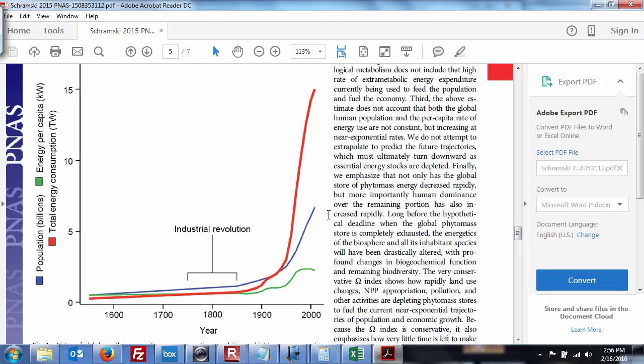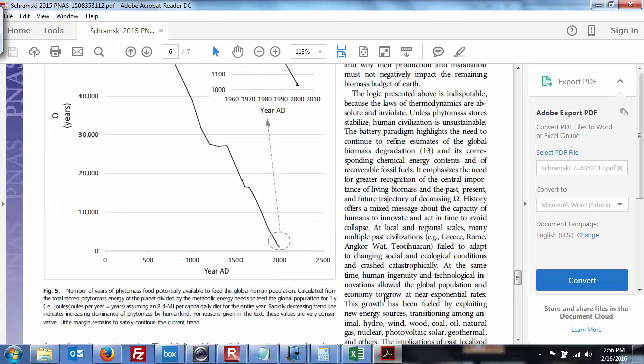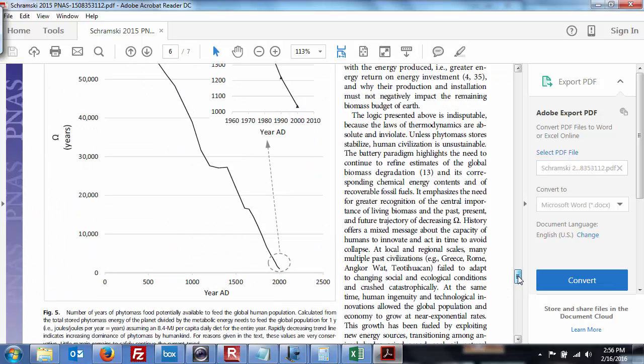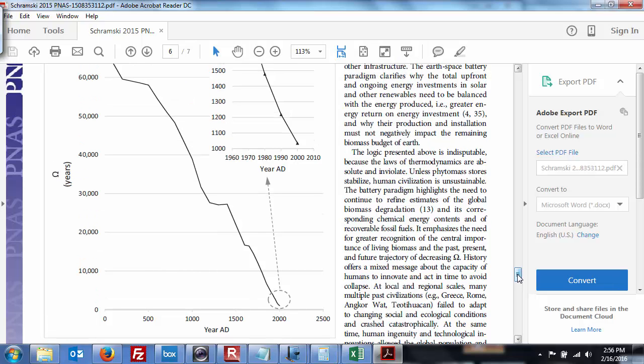This is how much energy our civilization uses. This is how much it used. You can see that there's a few flat spots here. One of my favorites, though, is this one, in terms of how many years' worth of energy are left.